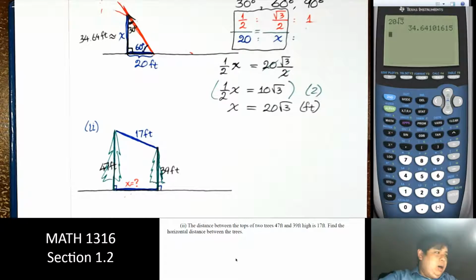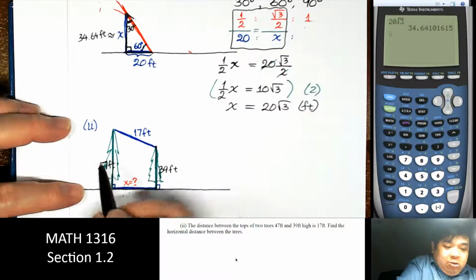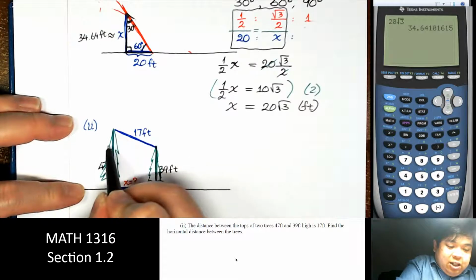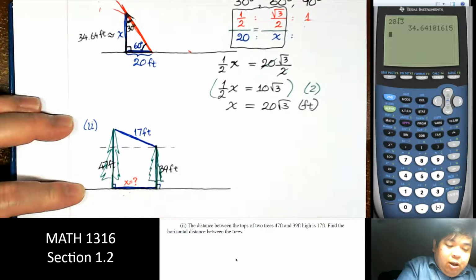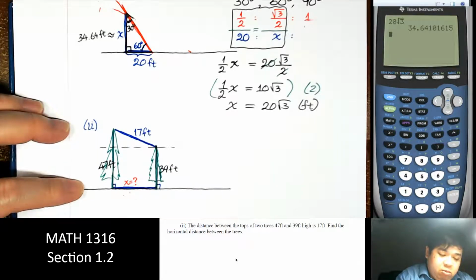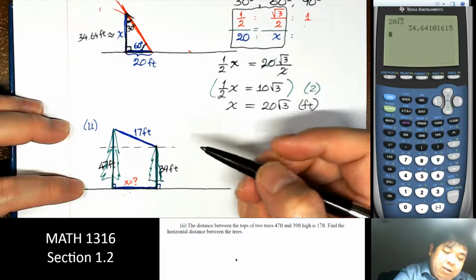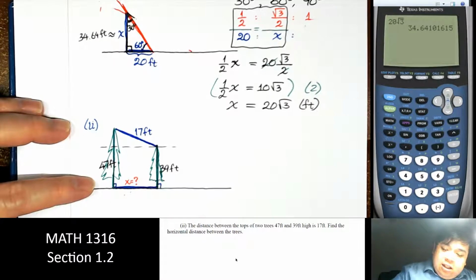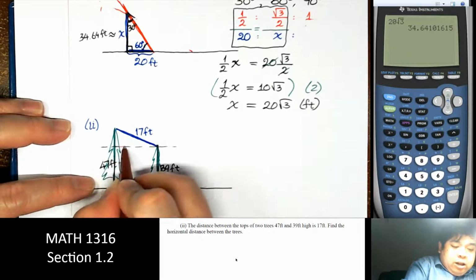Of course, we have to draw a triangle, so I can draw a triangle like this. This is 17. Draw a line parallel to the shorter tree. Now, if this is x, then this is also x.